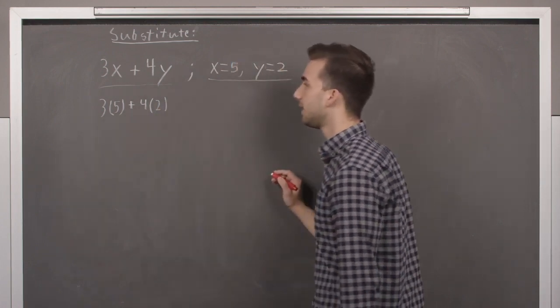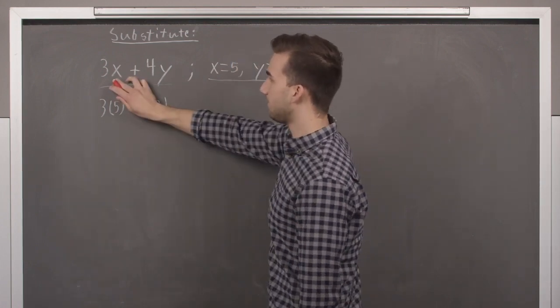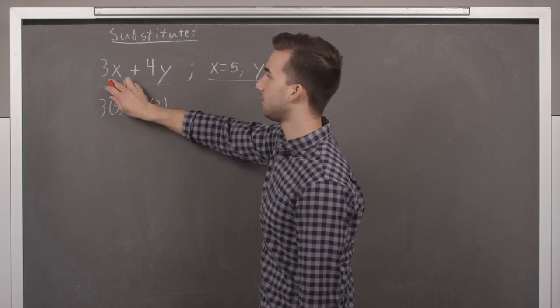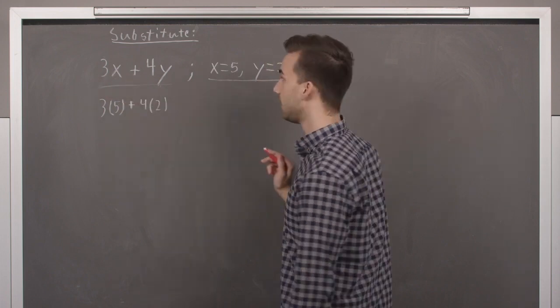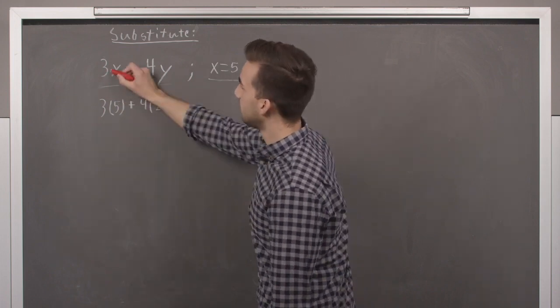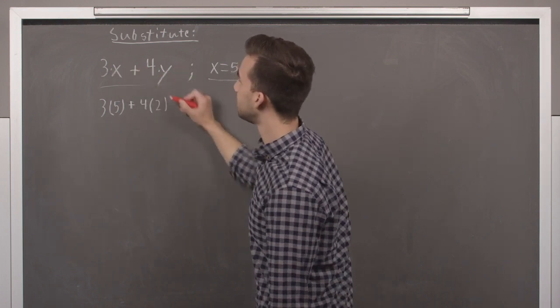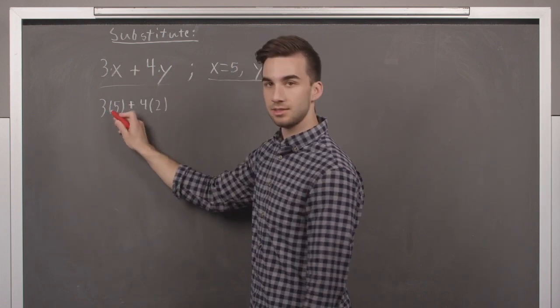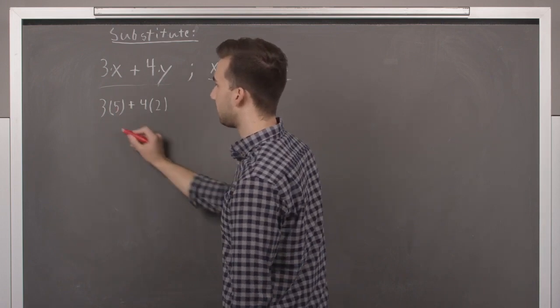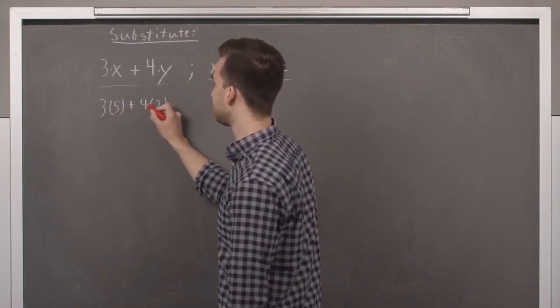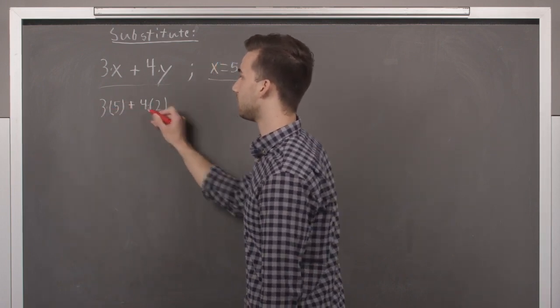And once again, if you see a variable by a number with no symbol in between, that means times. Same with a number just right next to a parentheses, that always means times. So in your head, you can just know that.